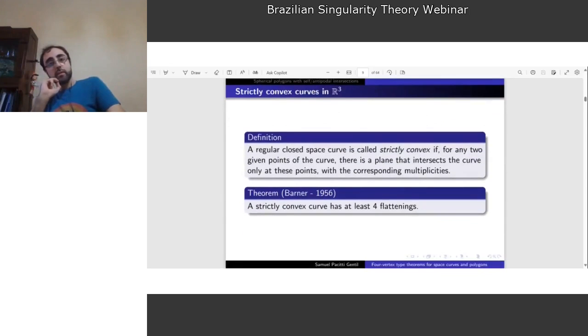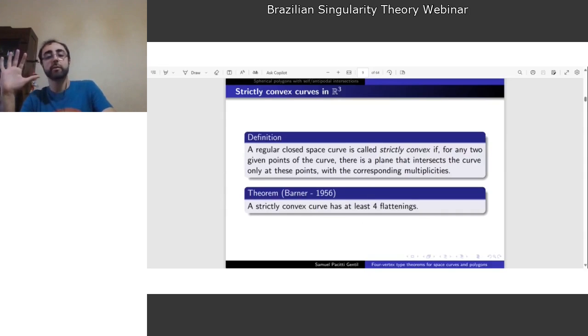Another theorem is related to the second notion of convexity, and it was studied by the German mathematician Martin Barner in 1956. He proved that a certain class of curves also must have four flattenings, and this class is defined by the following condition. He says that a regular closed space curve is strictly convex.